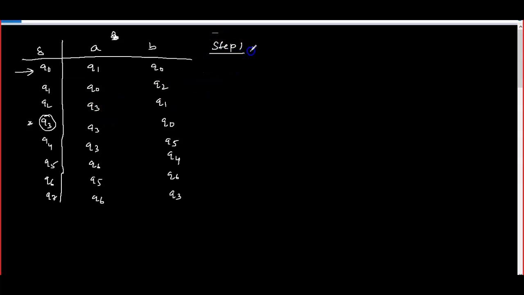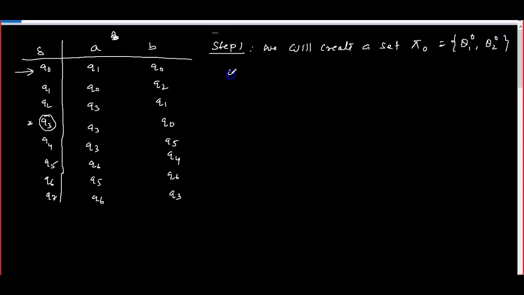Step 1. We will create a set named pi naught, which is Q1 of 0 and Q2 of 0.